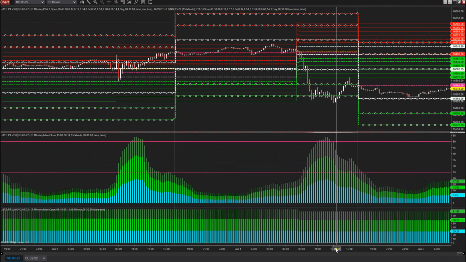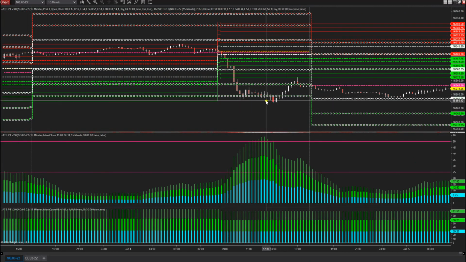Yep, right here. It got a little bit below it, but the market makers came in on that deceleration and pushed it back up. And today, the bears are still prowling because this is flat. It never popped back up to the upper PT1.